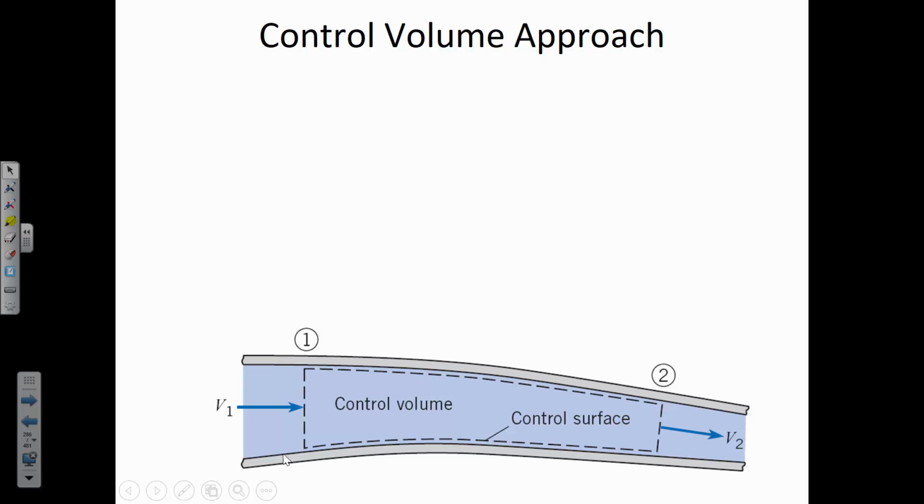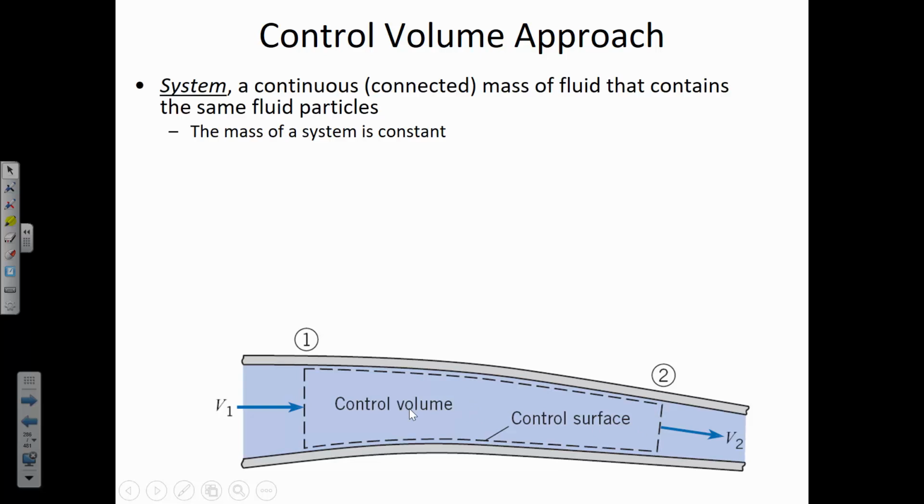And here you can see that the control volume can be irregularly shaped. It doesn't necessarily have to be a rectangular box. It can be shaped any way we like. And what we do in the control volume approach is keep track of the flow in and the flow out, and then try and assess if there's any accumulation of mass inside of the control volume.